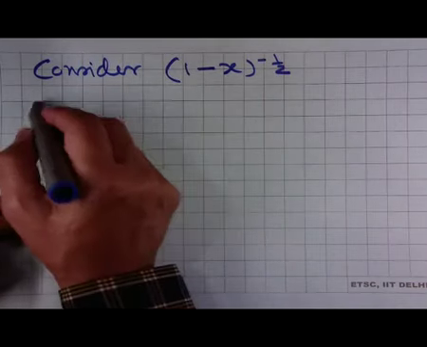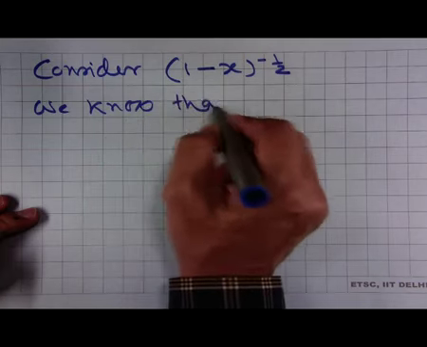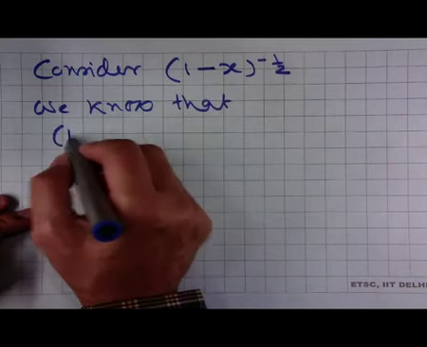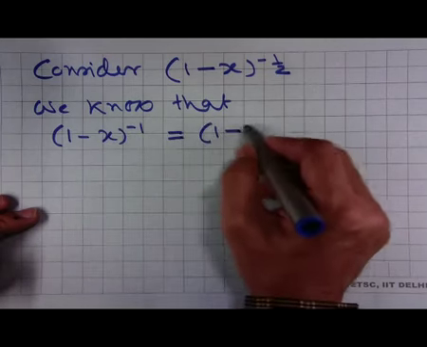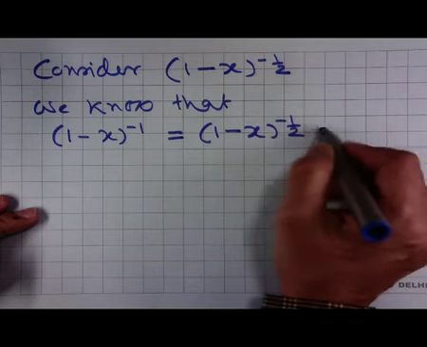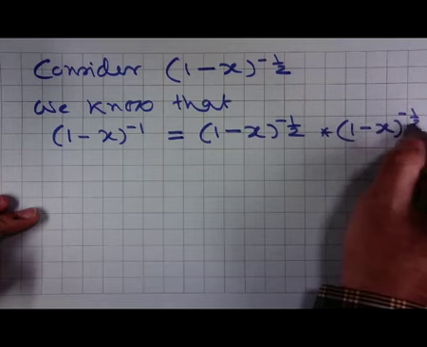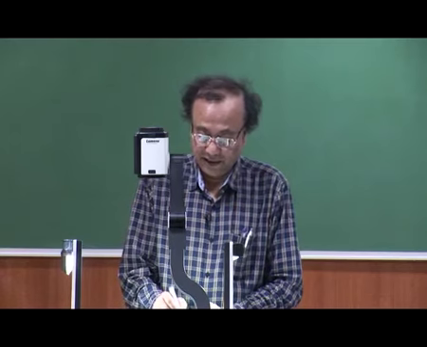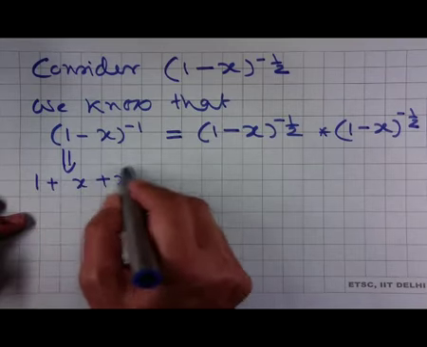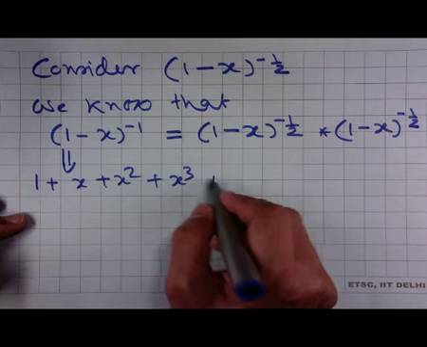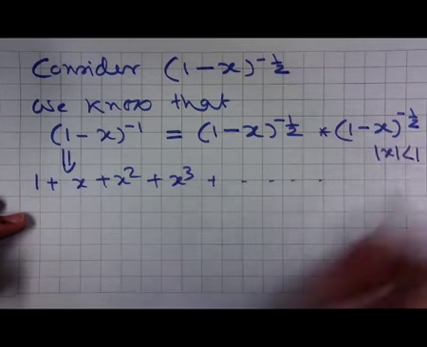We know that (1 minus x) whole to the power minus 1 is equal to (1 minus x) whole to the power minus half into (1 minus x) whole to the power minus half. This is equal to 1 plus x plus x square plus x cube, for modulus of x less than 1.